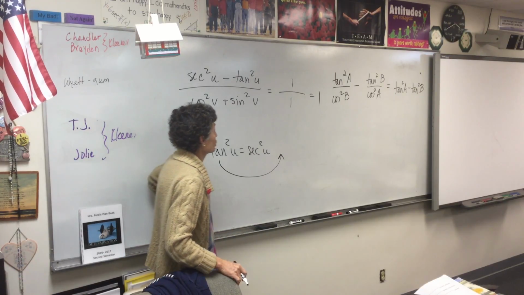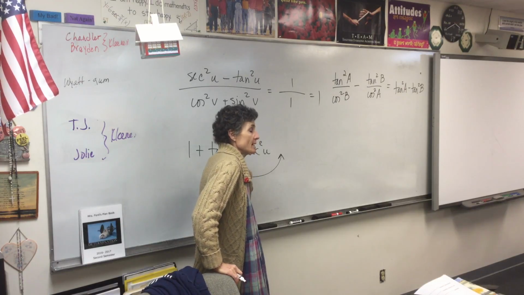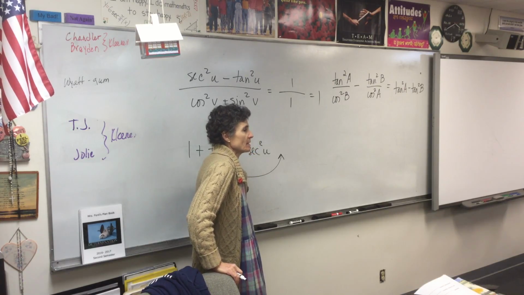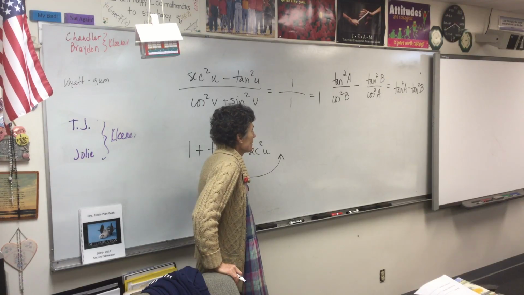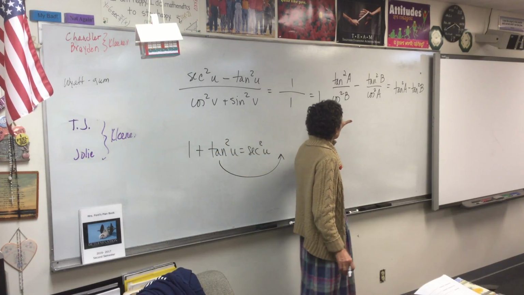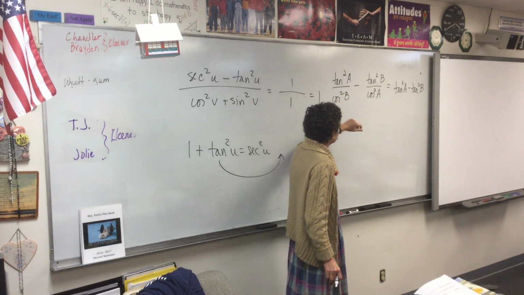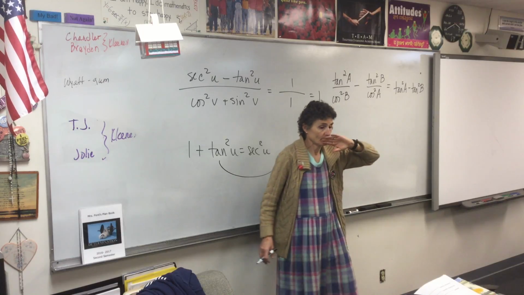All right, so this is a good one. And there's, like always, lots of ways to do it, but I want to give you some things to think about. I want you to think about this for a minute. We're going to try to turn this into that.